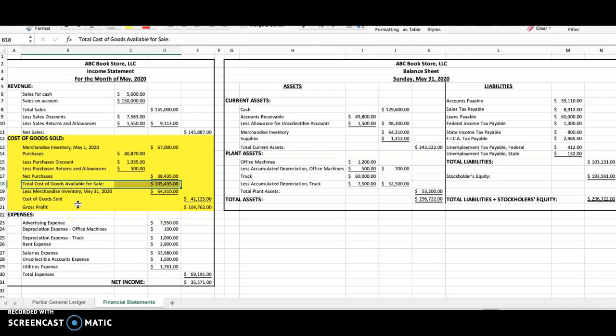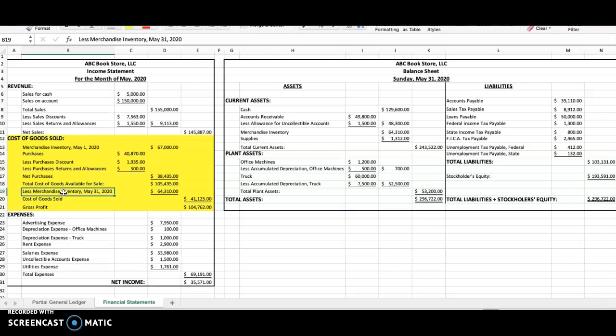So we have that much available for sale. Now, we didn't sell it all. We never do. We always have some left over, we would expect, at the end of the accounting period. So the next line shows something that we have not talked about yet. Many businesses do what's called taking inventory, and you may have heard of that term before. Sometimes a store, a business will actually shut down for a period of time where they literally count the merchandise that they have on the shelves.